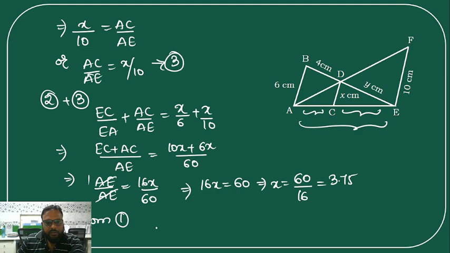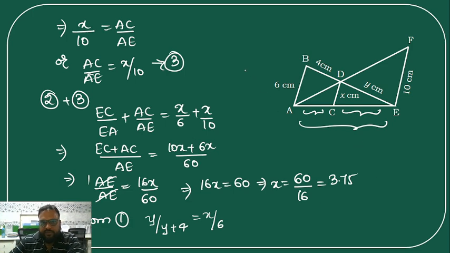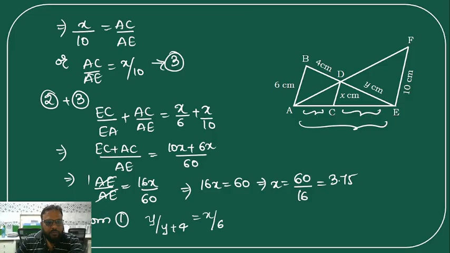When you know the x value, let me substitute here itself. So y by y plus 4 is equal to 3.75 by 6.